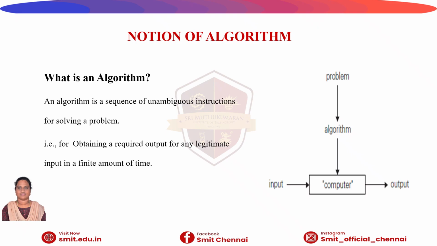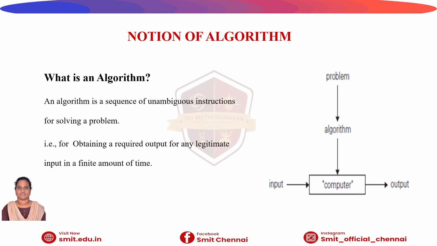So the definition for this algorithm is: an algorithm is a sequence of unambiguous instructions that, when executed, produces the output for the given input in a finite amount of time.